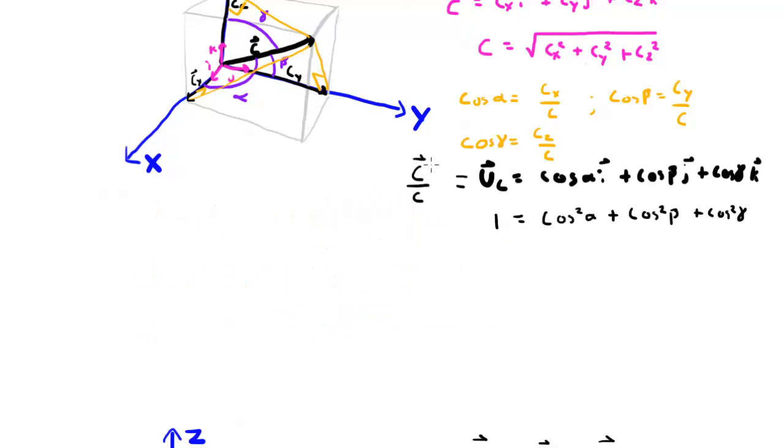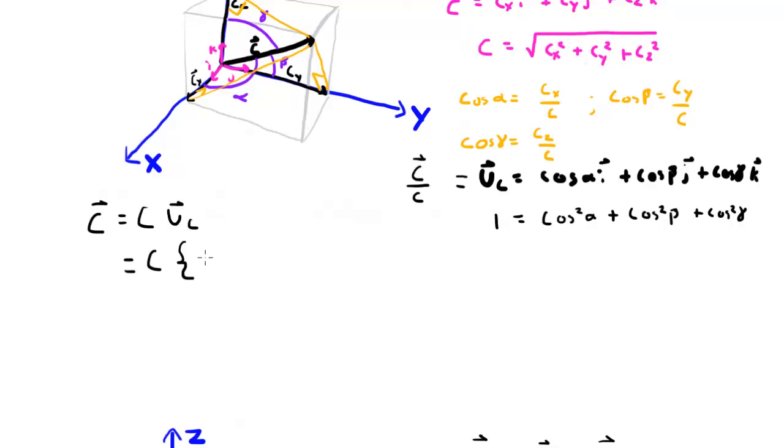So UC is the vector C divided by its own magnitude. It turns out that that can be simplified to this using these relationships above, and we have this particular equation. We can rewrite this portion of the equation and write that C can be written as the magnitude of C times UC.